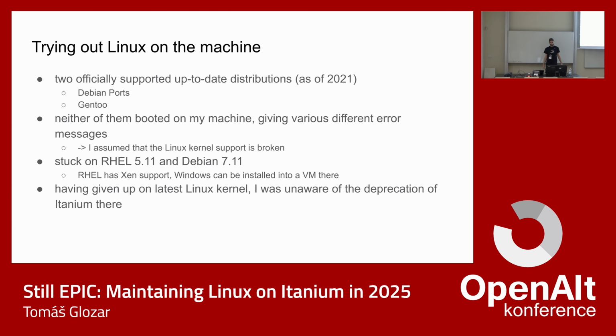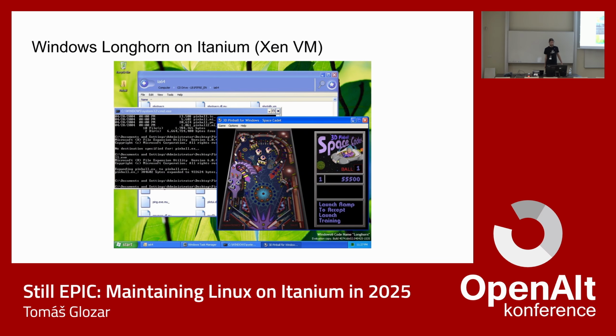But I gave up on the latest Linux kernel, at least for the time. And I was totally unaware that the Linux kernel deprecated Itanium. I thought it's just a bit broken, but it's still supported. Maybe you can compile it in a way that works. Maybe I can get it running, but I was a bit skeptical.